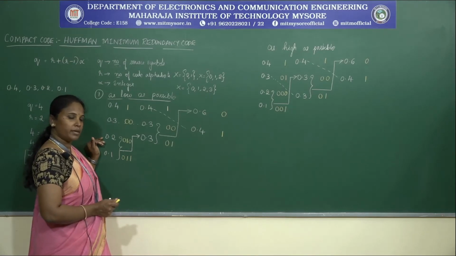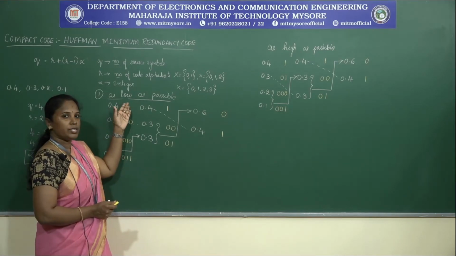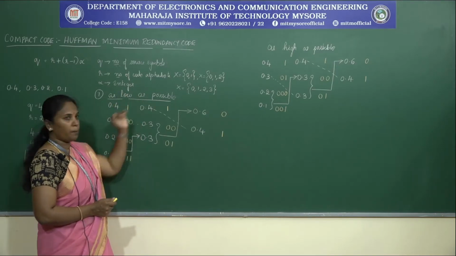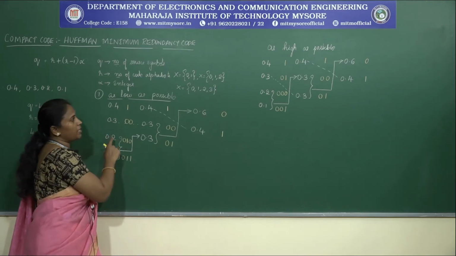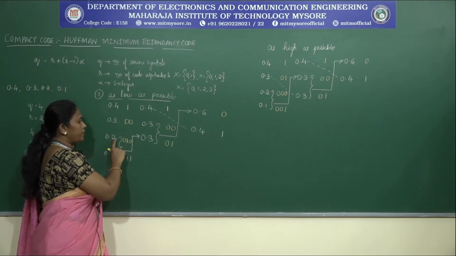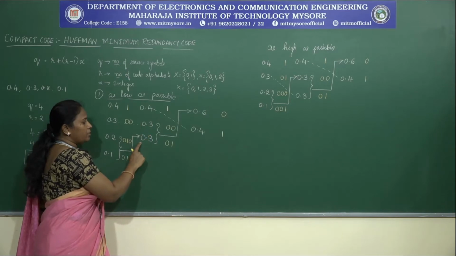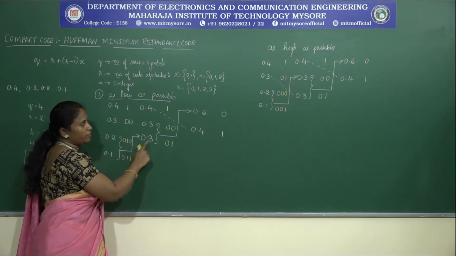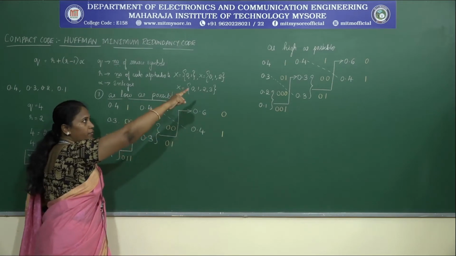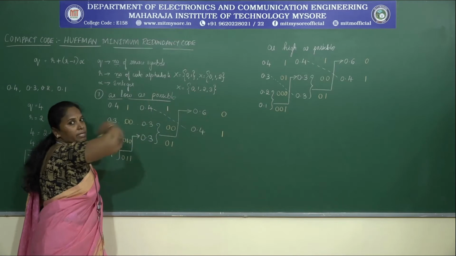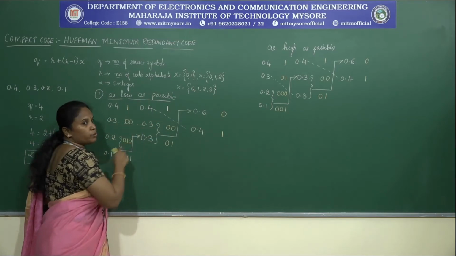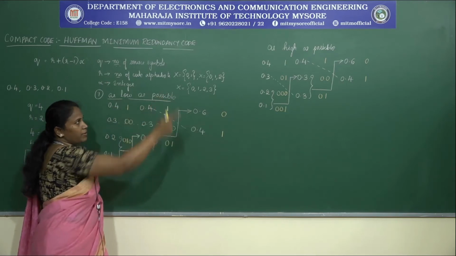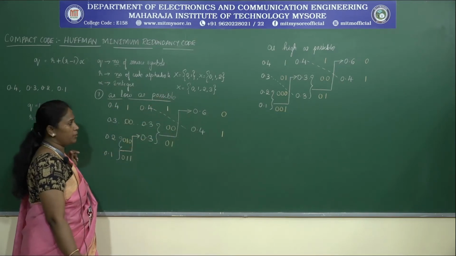For as high as possible, we place it upward. In this particular case, 0.3 and 0.3, we get two 0.3s here. For as low as possible, we placed the probability downwards, but for as high as possible, we placed the probability upwards. This is the difference between the conditions as high as possible and as low as possible.